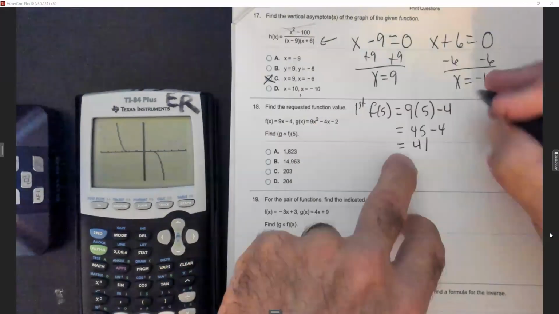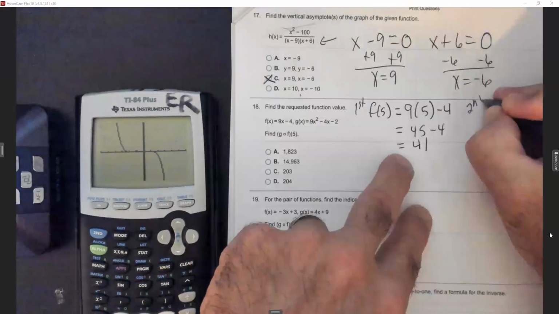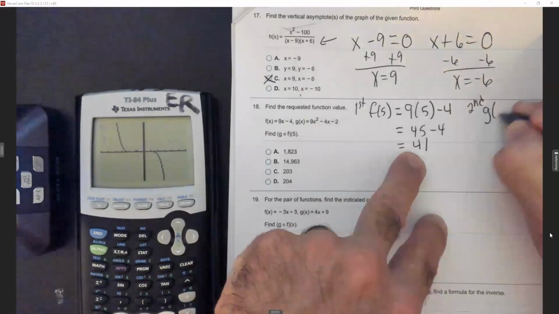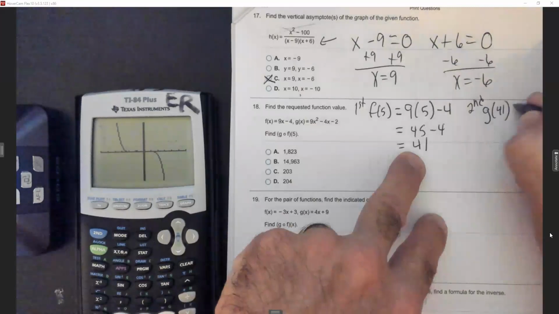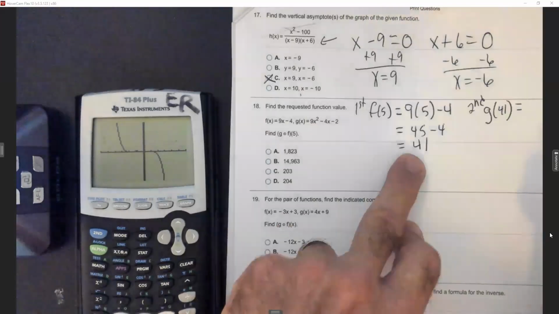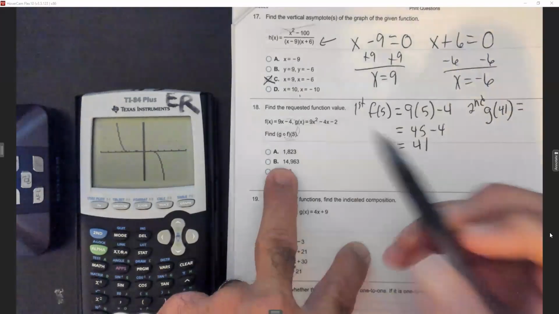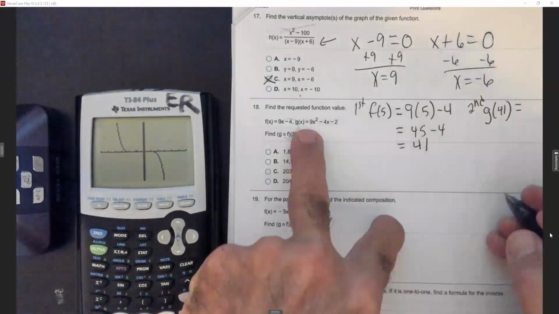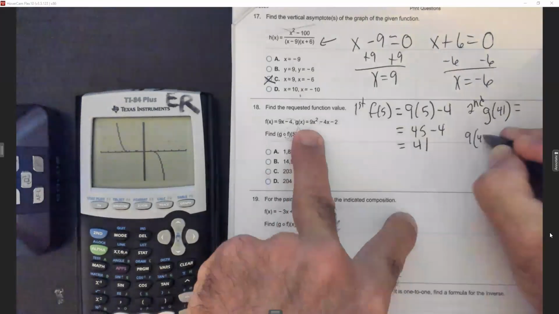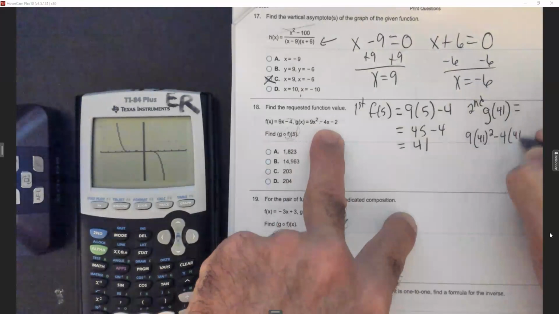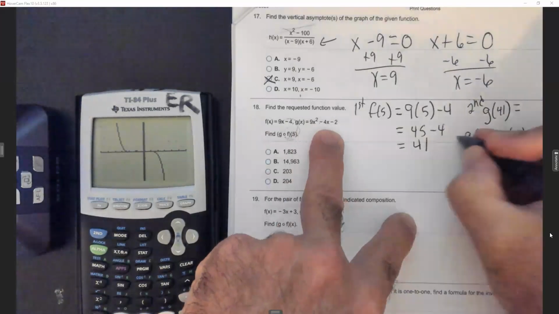So second, since f of 5 equals 41, we're going to find g of 41. So you find the f value first because it's on the right. Take that answer, put it into the g. So this is 9 times 41 squared minus 4 times 41 minus 2. I'm thinking one of these big numbers over here.